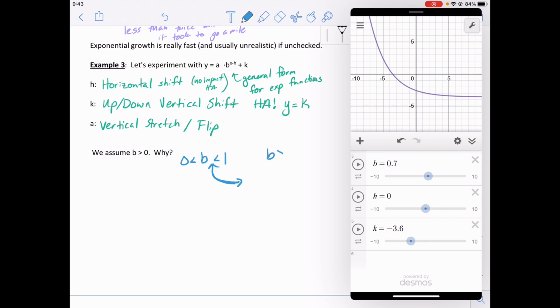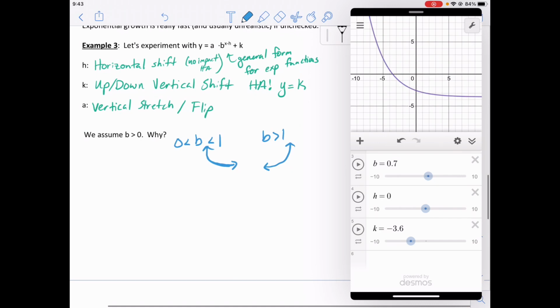If our b value is greater than 1, our graph looked like this. So we get a little bit different behavior. This is actually a horizontal flip, and we'll look at sort of why that is later. We get this horizontal flip.